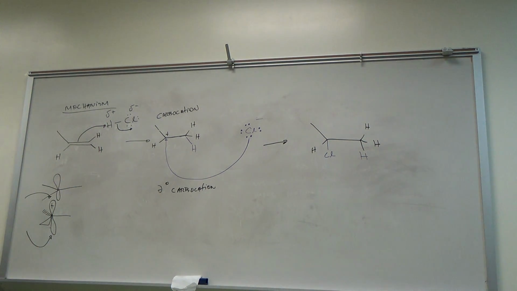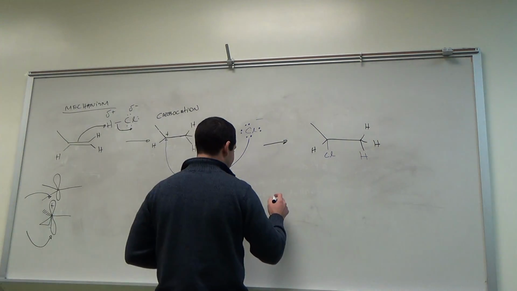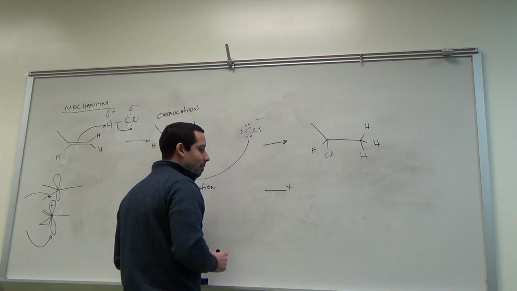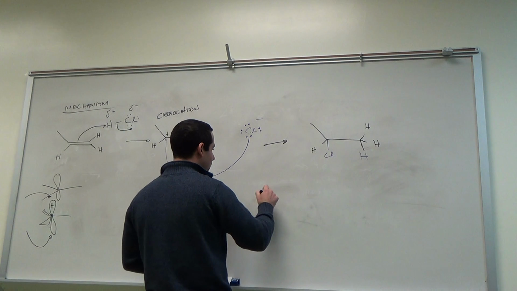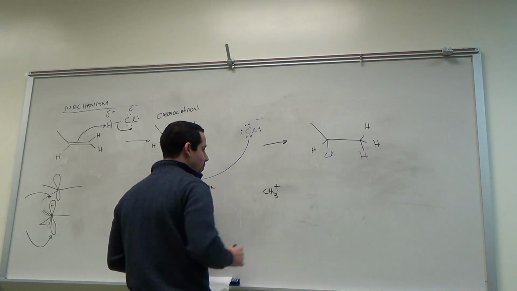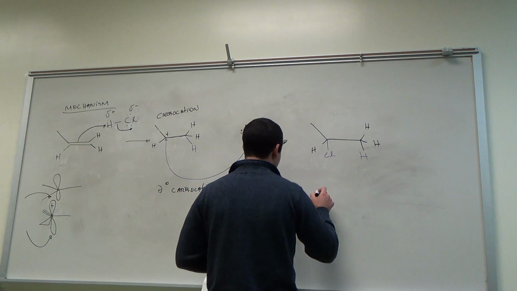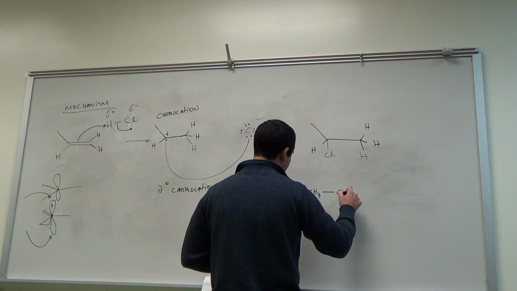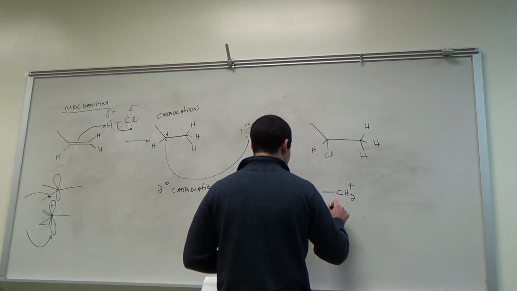Maybe I did mention to you what is more stable, yes? So let's do it right now. This is a methyl carbocation. Not very stable, yes? And then you have this carbocation, which is called primary.